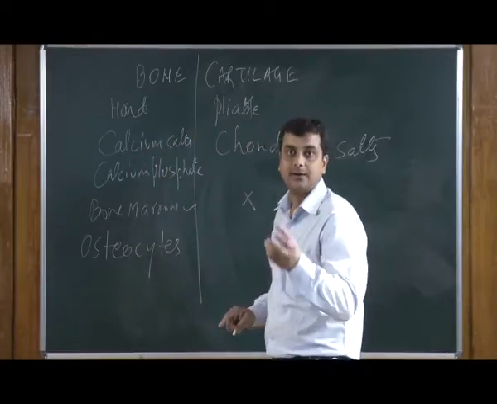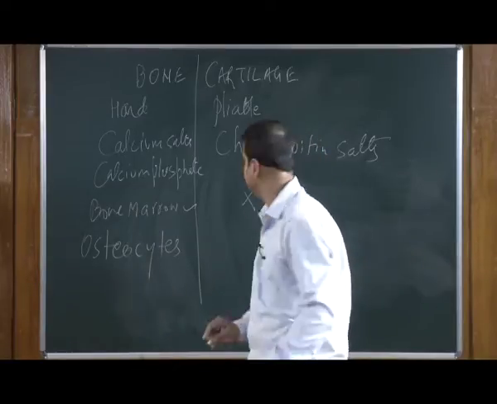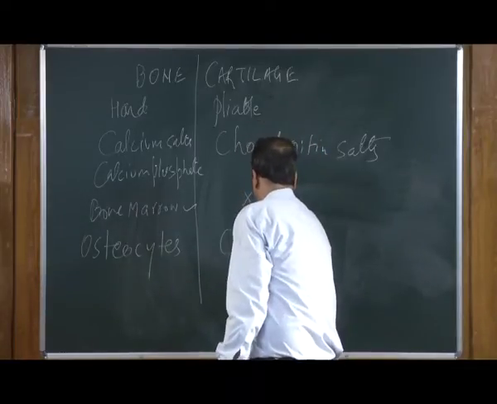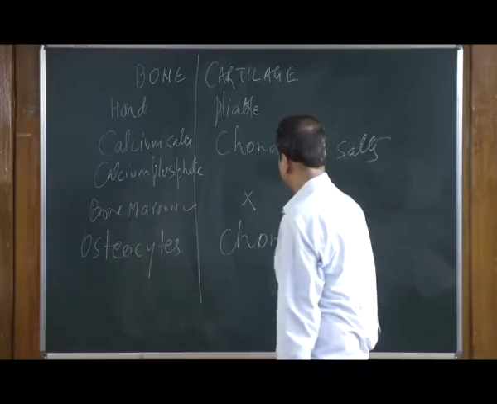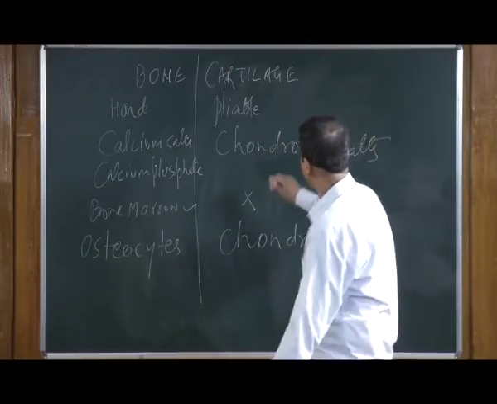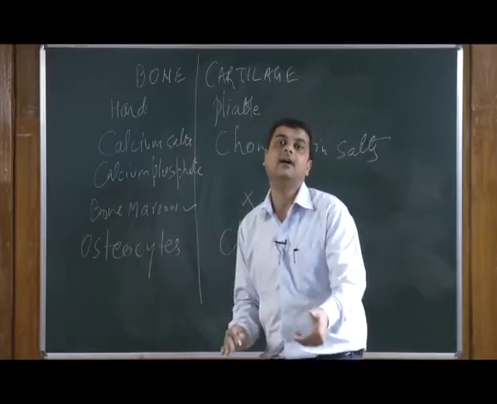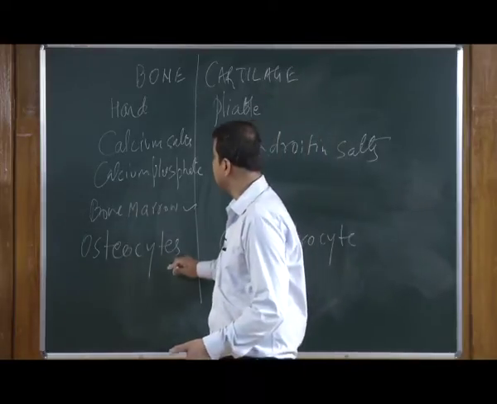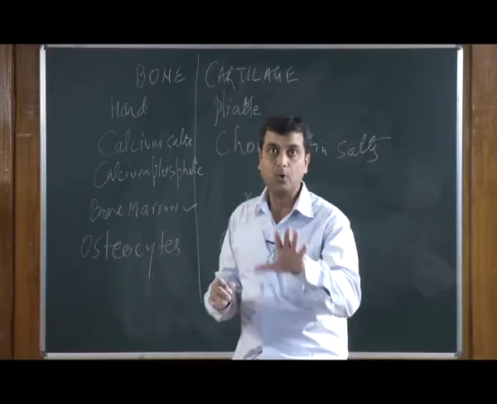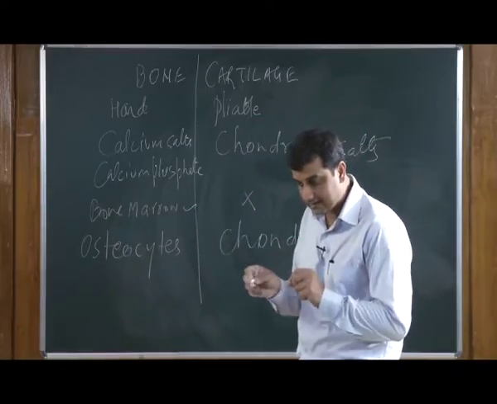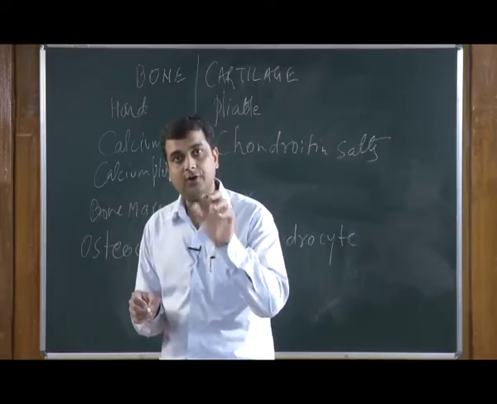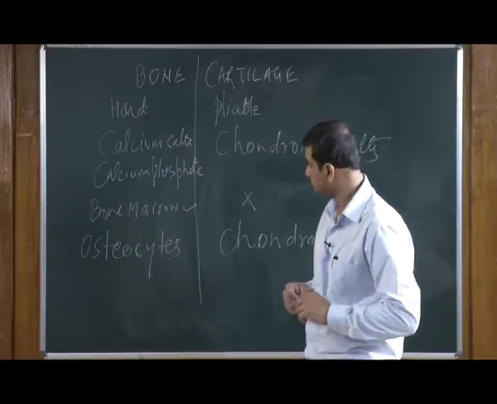The cells which make the bone are called osteocytes, while the cells which make the cartilage are called chondrocytes. So, chondrocytes are the cells that make cartilage, while osteocytes are the cells that make bone.